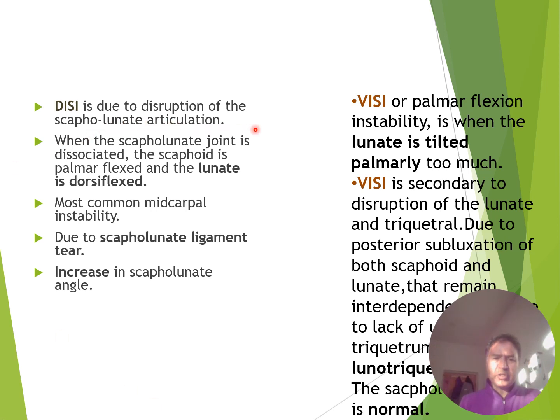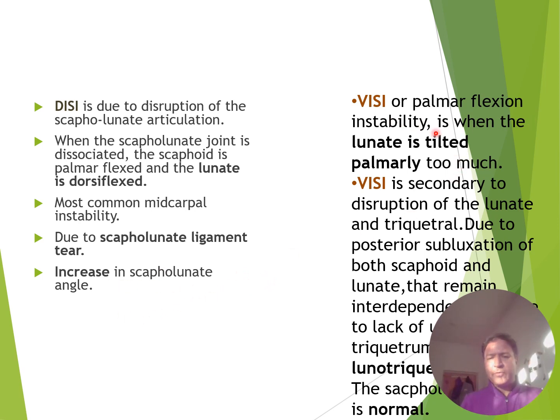DISI is due to disruption of the scapholunate articulation. When the scapholunate joint is dissociated, the scaphoid is palmar flexed and the lunate is dorsiflexed. This is the most common mid-carpal instability, due to scapholunate ligament tear, with increase in the scapholunate angle.